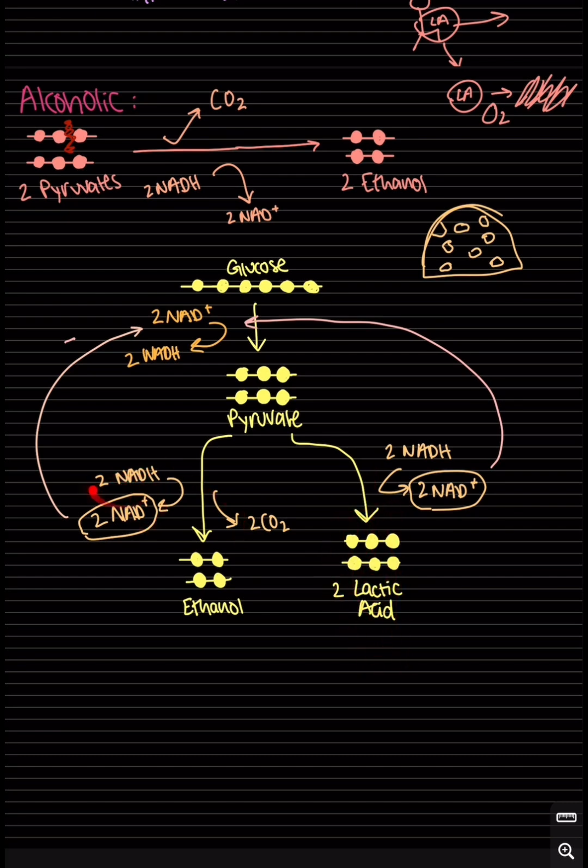And so you can see here clearly how this NADH is sent to the alcoholic fermentation, and then it was broken down into NAD+. And then this regenerates the whole cycle. And the question is, how is the cell getting energy if this is happening?